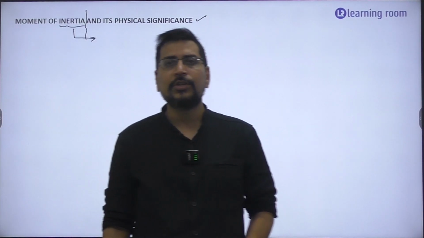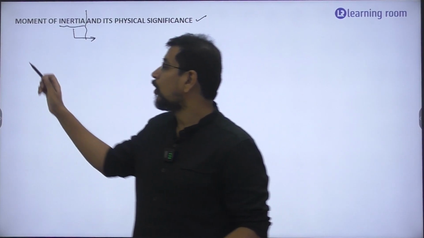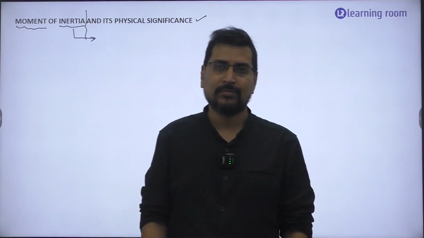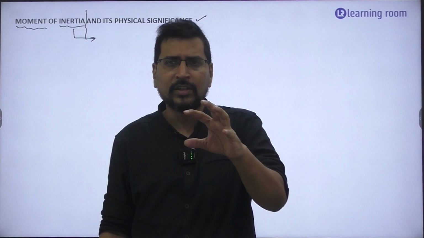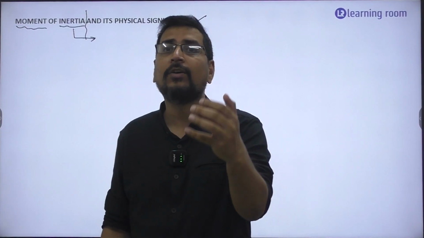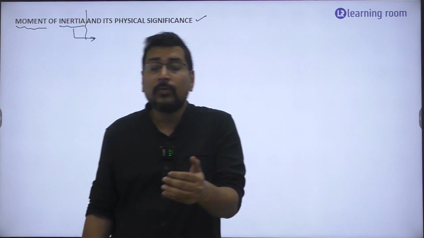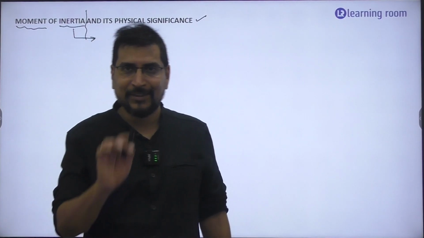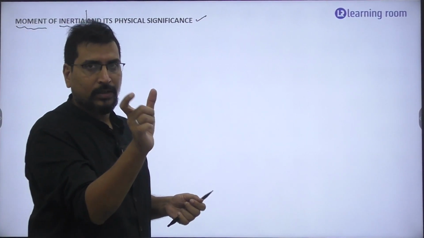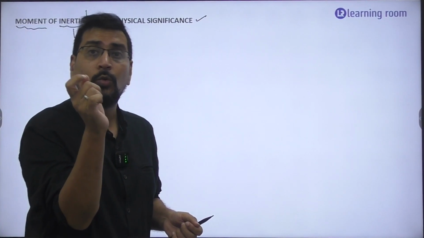Now, an important question to be asked is, what if I use the word moment of inertia? Inertia, we understood, is basically the opposition offered by the object to the applied force. Then, what do we mean by moment of inertia here? To give you a hint, whenever this concept of moment comes, it is something related to rotation.